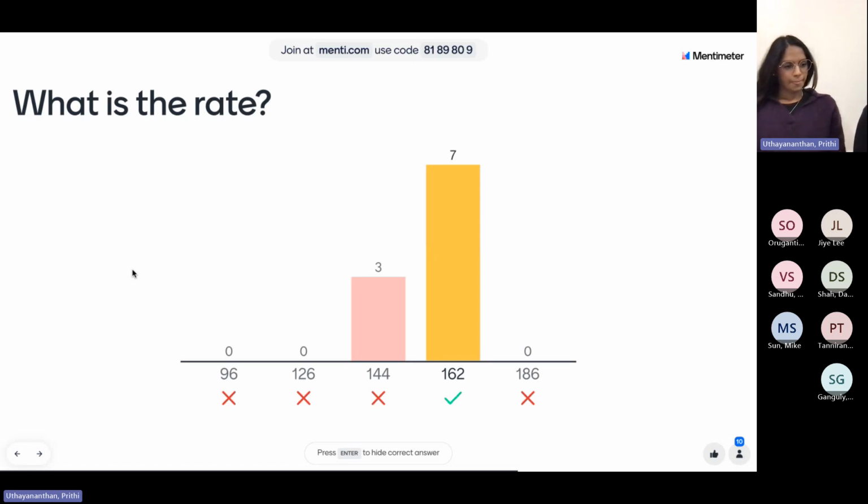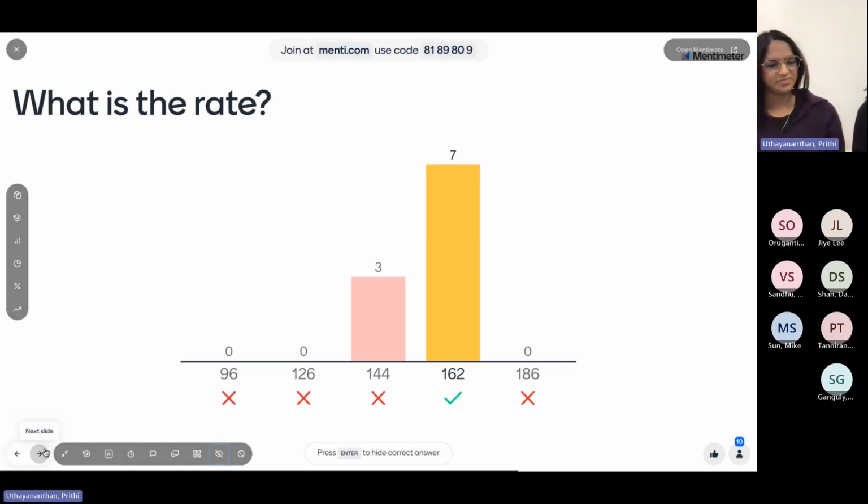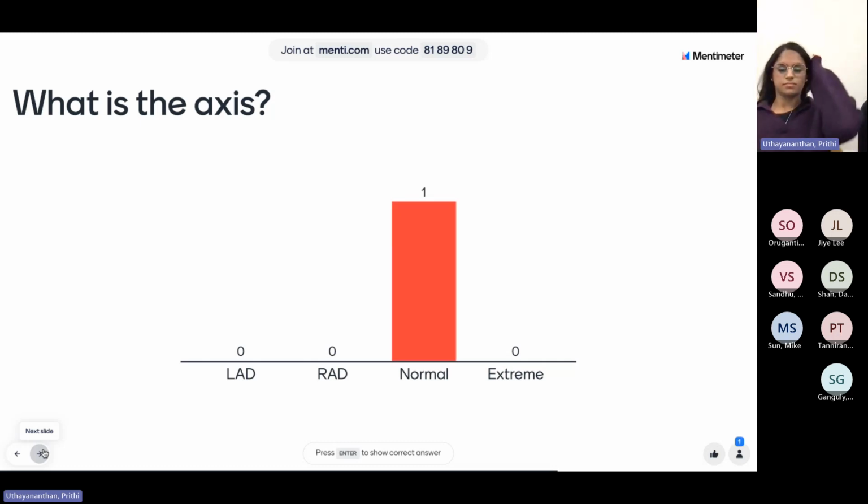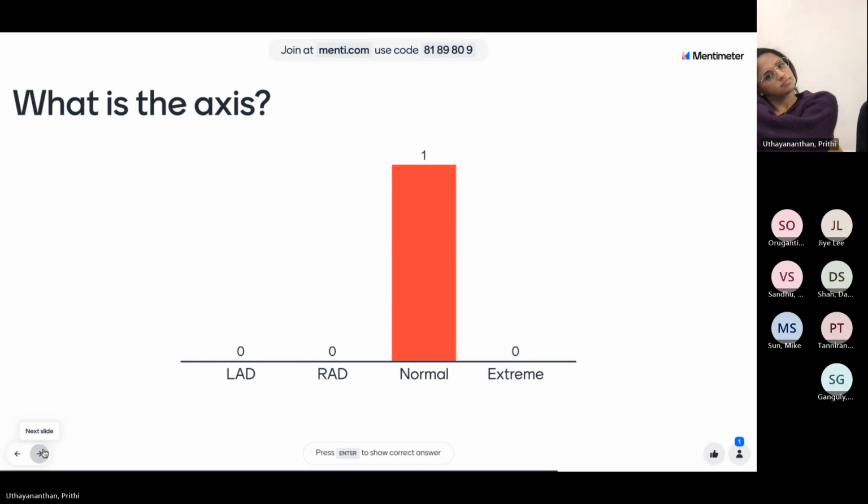So I think there was 27. Yeah, 27 times 6 is 162, which is tachycardic. And then for the rhythm, I'd say that's sinus rhythm.